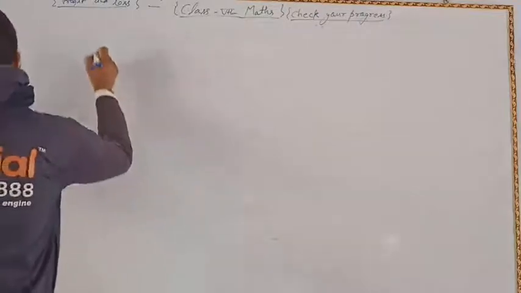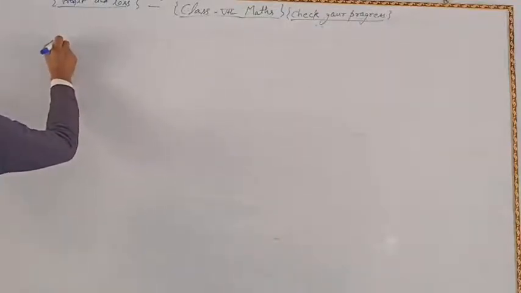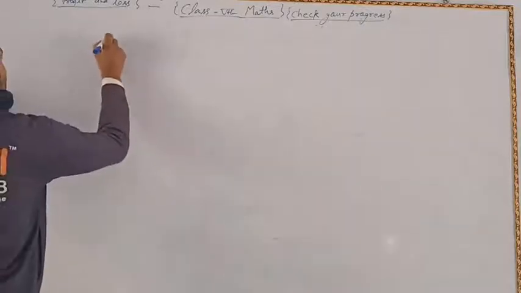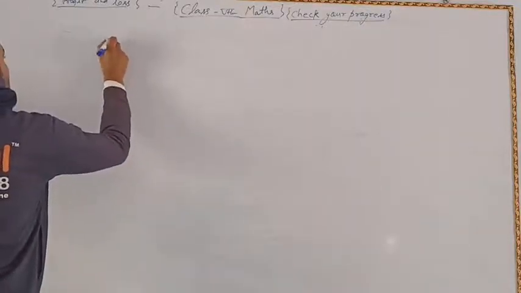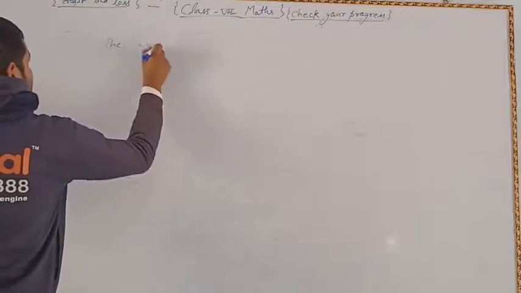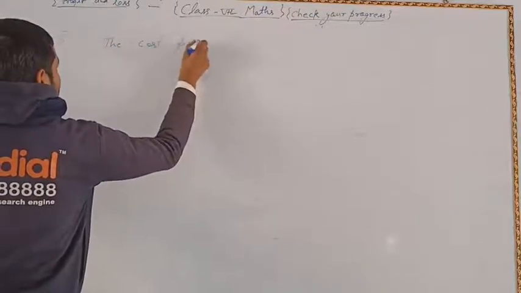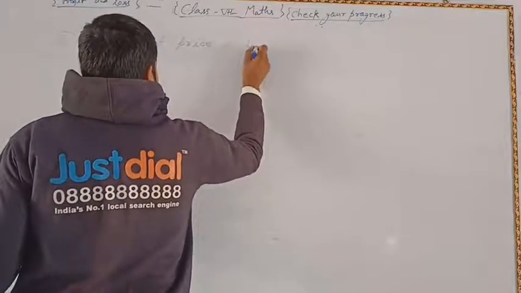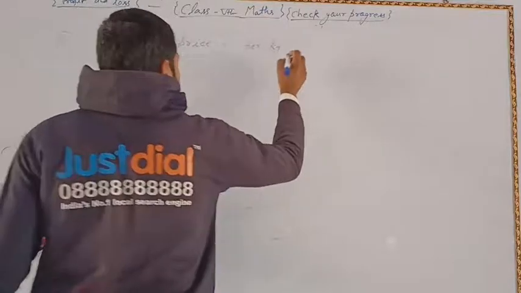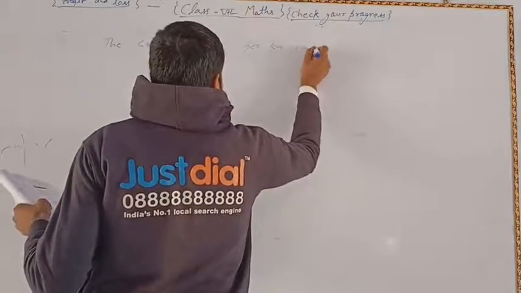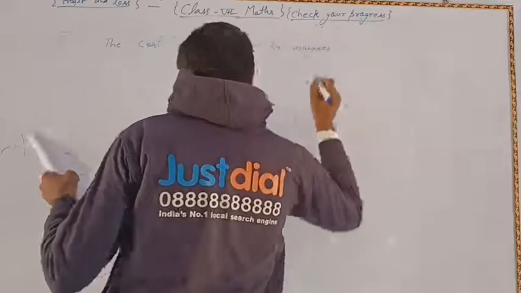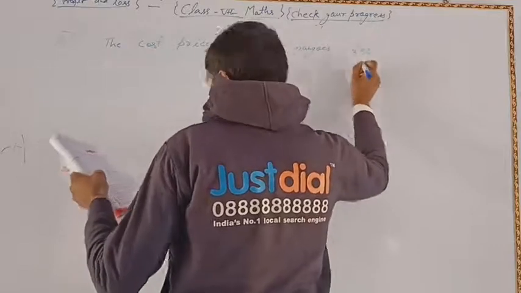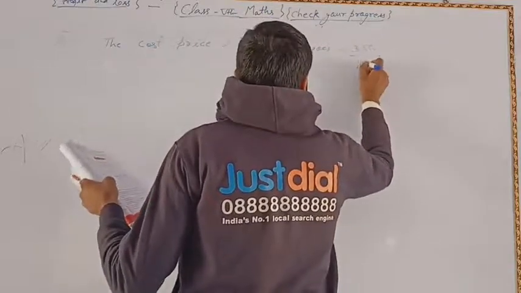Then you write here question number 8. The cost price per kilogram of mangoes is equal to 350 upon 10.